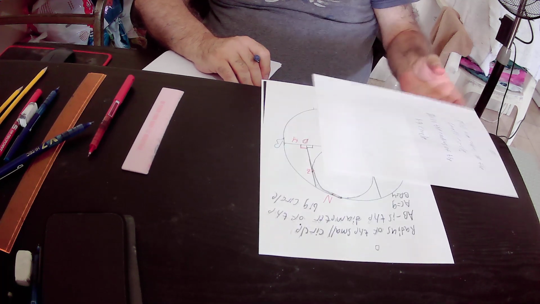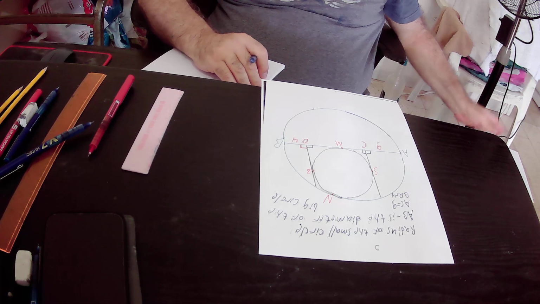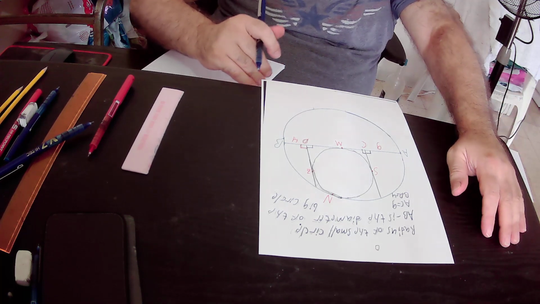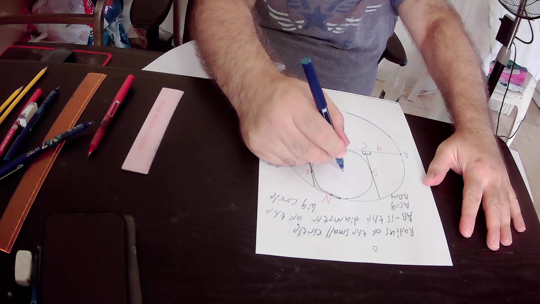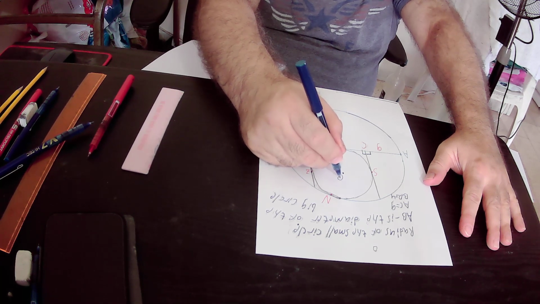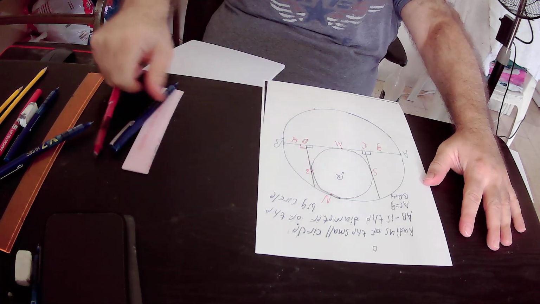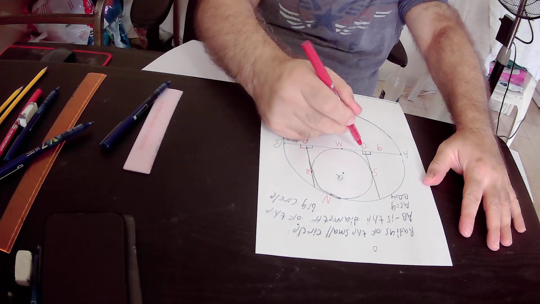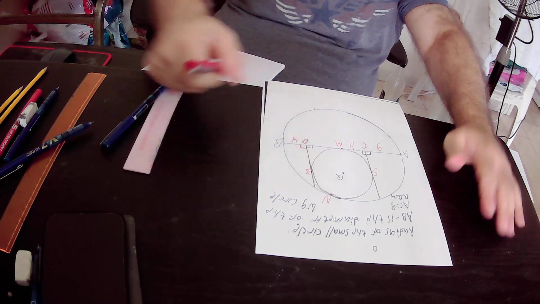Okay. And we will also define point Q. Point Q will be the center of the big circle, while point P will be defined as the center of the small circle. So I will write it down.